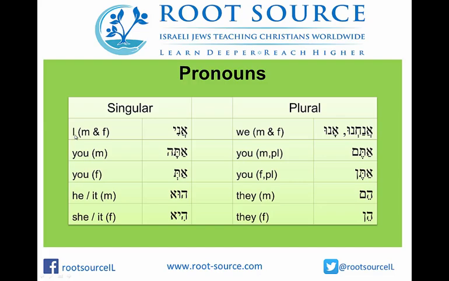However, when we conjugate verbs, for example, even if we say I, it still has to go according to the masculine and feminine. If I'm a male, then I'm going to have to conjugate the verb in the male way. But if it's female, I'm going to have to conjugate in the female way some of the time.